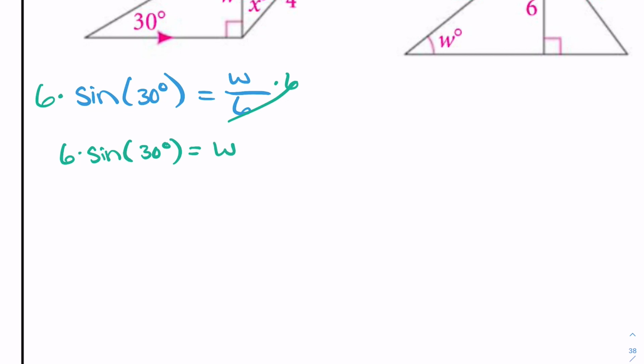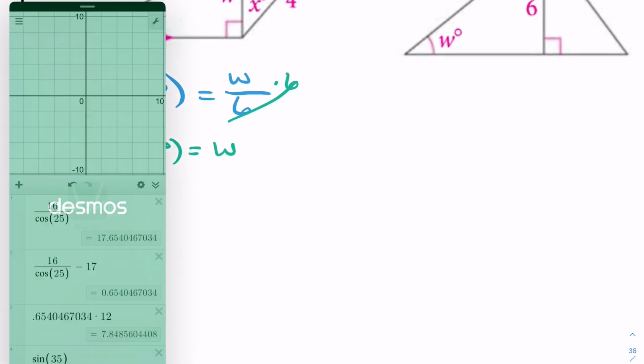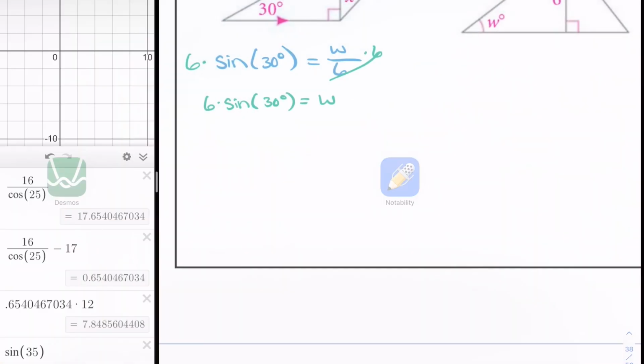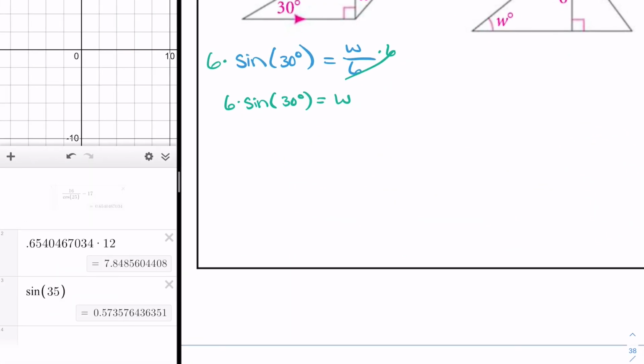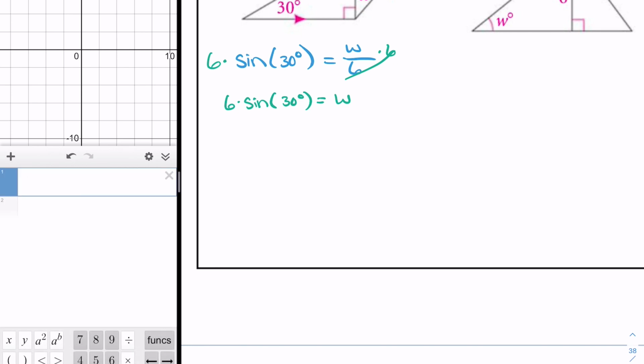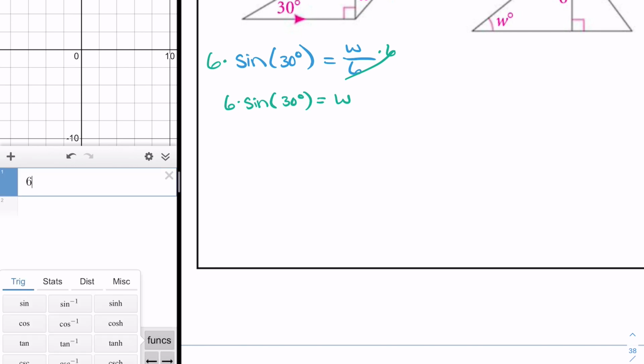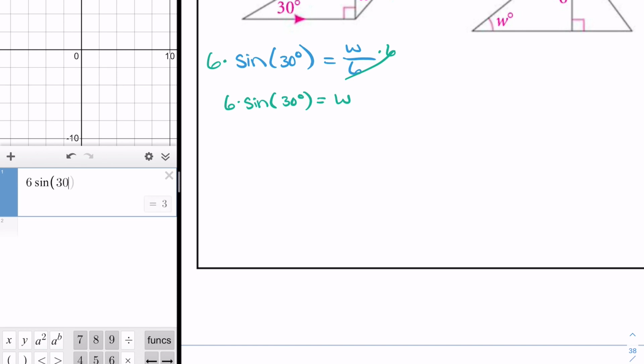So 6 sine of 30 is going to be 3. So w equals 3.